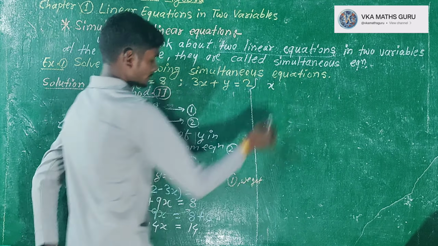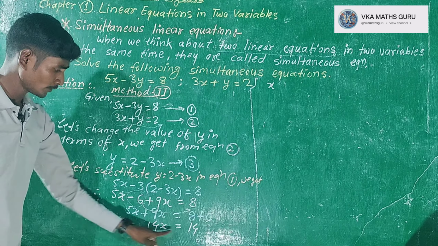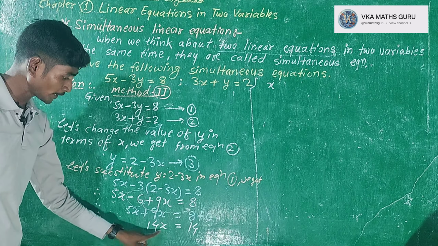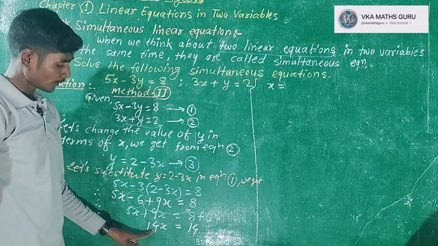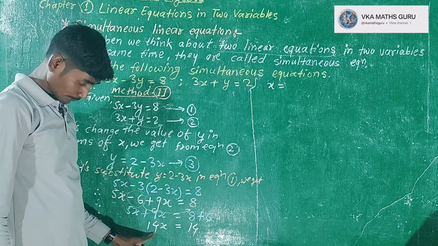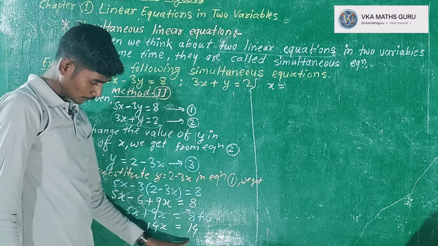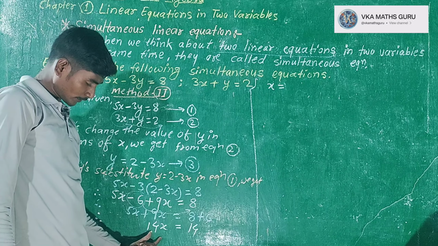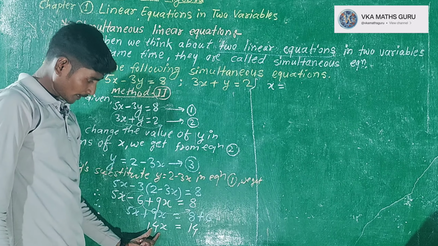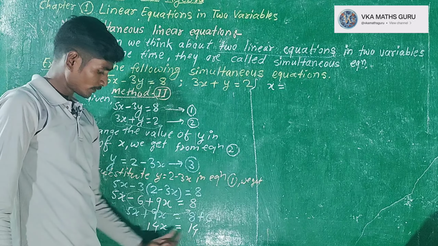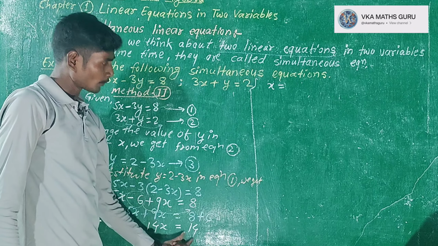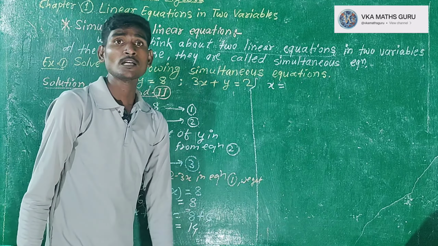So 14x is 14 into x. 14 goes from this side to this side. That means this term will become division, whenever the 14 moves from this side, the multiplication sign is converted into division.